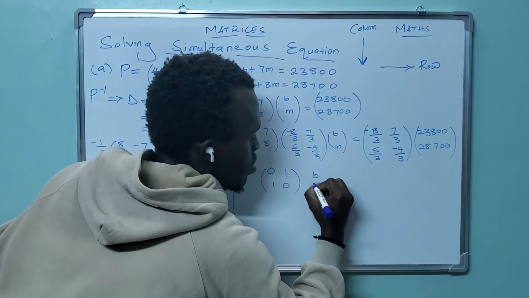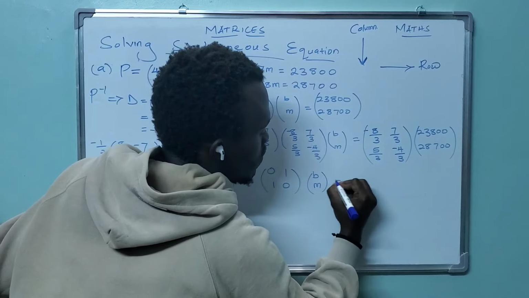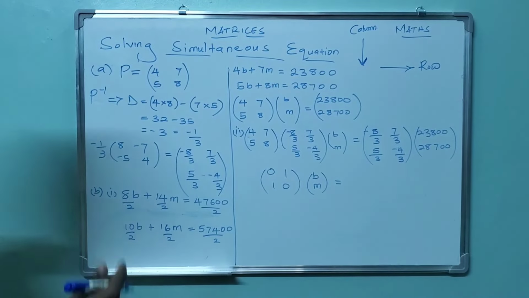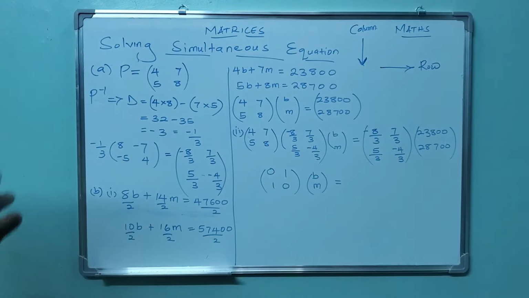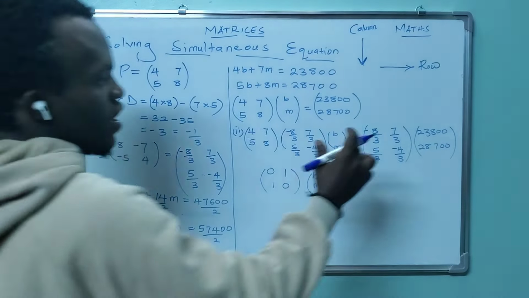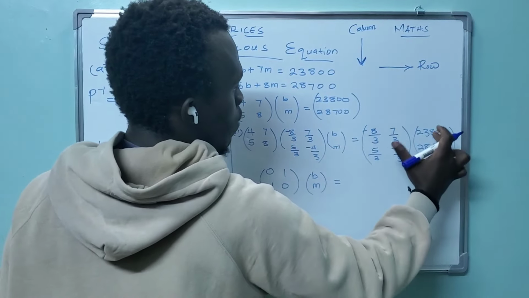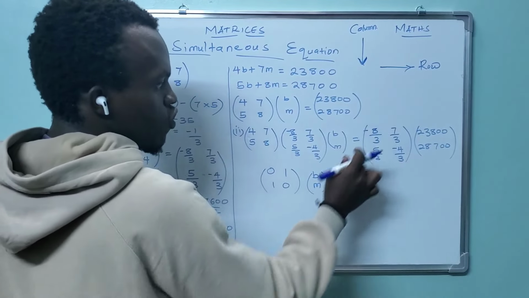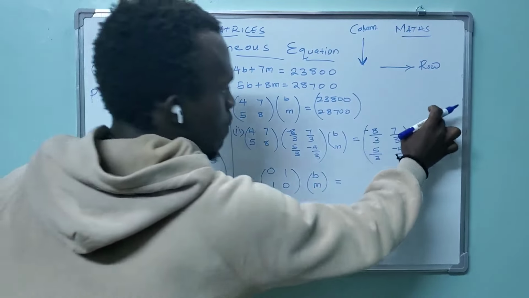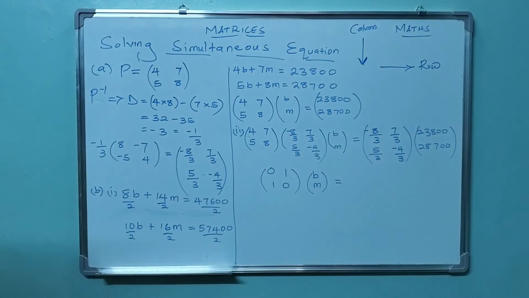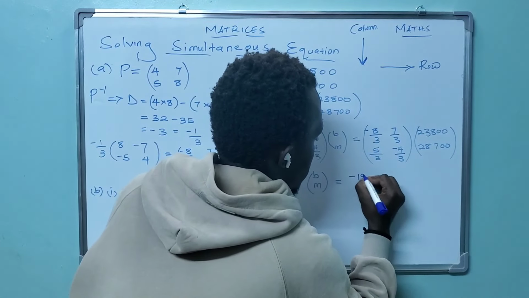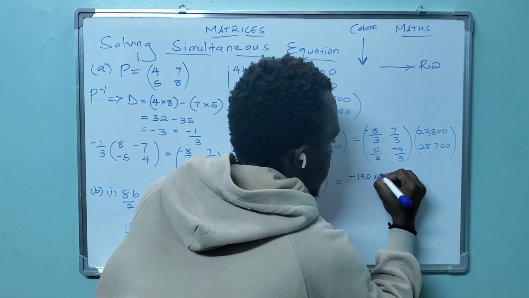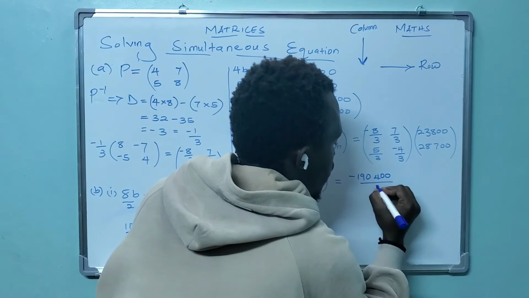Here I'm going to have B, M, which is going to be equal to what? Let us multiply there. Remember, multiplication of matrices, you have to consider the row and the column. So in this case, this row, I'm going to multiply with each of those columns. So let me first of all start with this first row. Negative 8 over 3 multiplied by 23, 800, negative 190, 400 over 3.